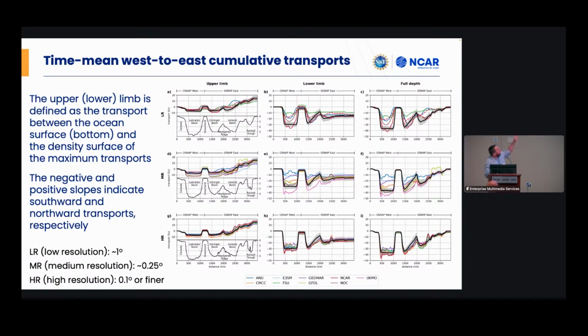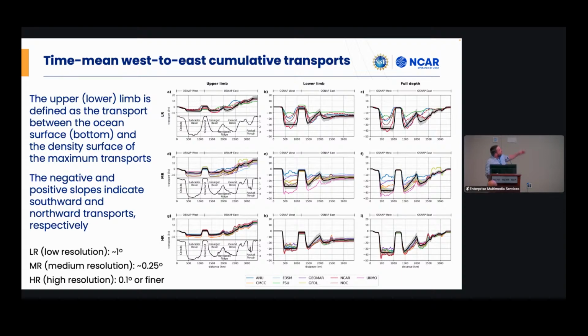This time I split the transport between the upper limb and the lower limb using the density of the maximum transport on average. Again, in that view, it's very clear that when you move to higher resolution, the agreement among the models and with the observation tends to increase.